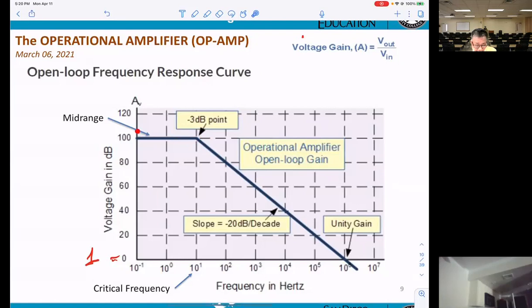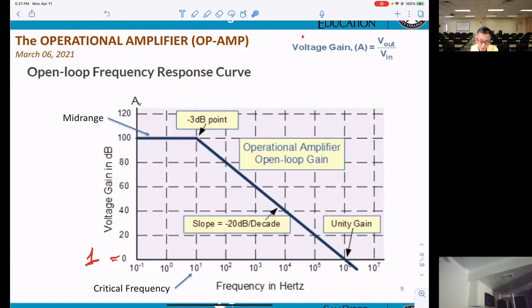And the gain is 100 dB. If you're looking at the critical frequency, it goes down to 10 to the power of 1, which means the unit is hertz. So in this case, the bandwidth is only from 0 to 10 hertz. You cannot do anything with that bandwidth, too narrow.